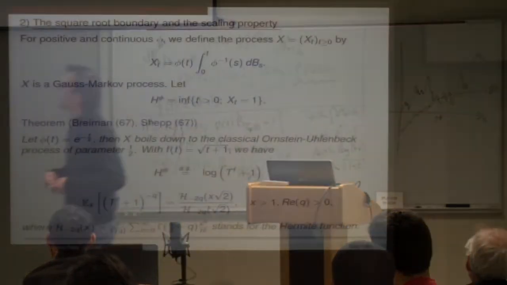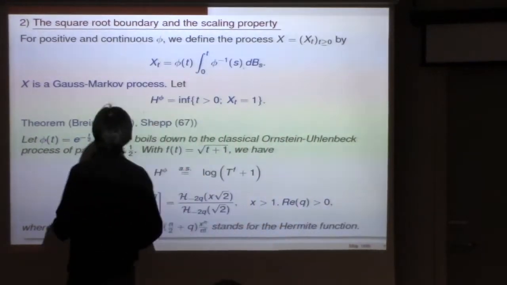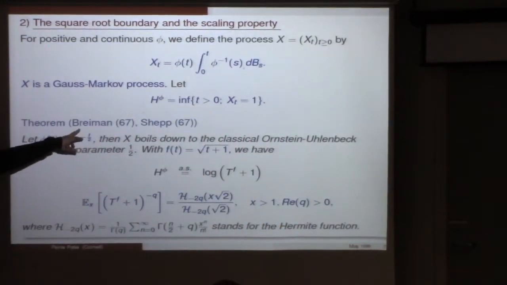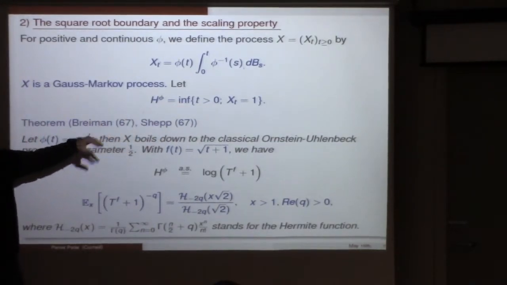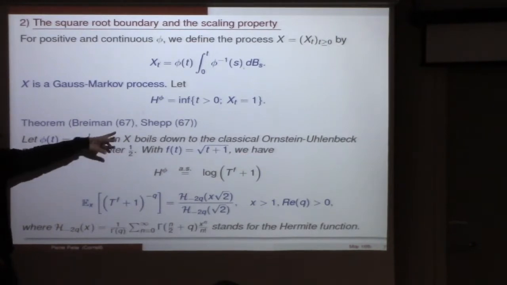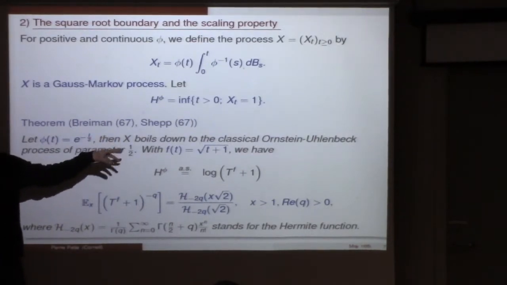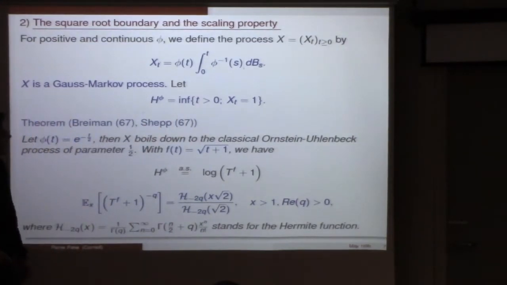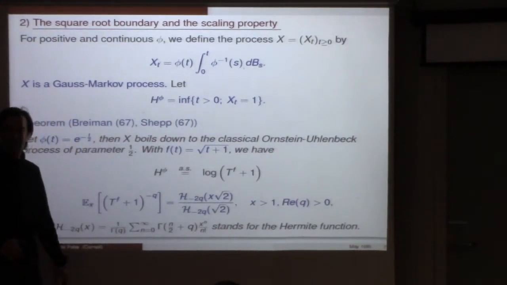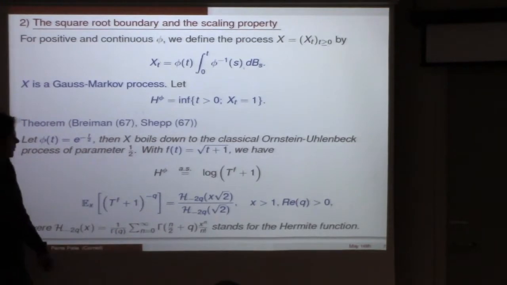So we obtain this result. Breiman found the Laplace transform of the first hitting time of the Ornstein-Uhlenbeck to a fixed level, and Shepp realized that there was this connection between this boundary crossing problem for the Ornstein-Uhlenbeck process and the boundary crossing problem for the Brownian motion.